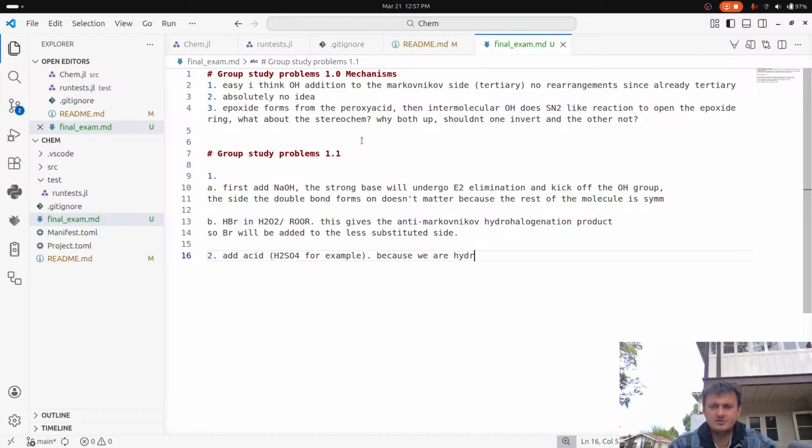We are hydrating an alkene and putting the OH group on the more substituted carbon.